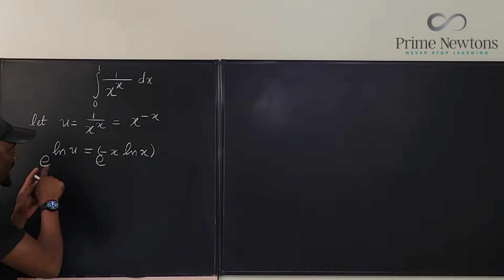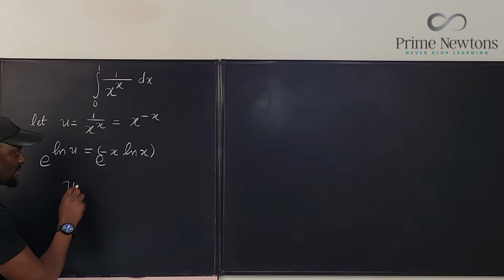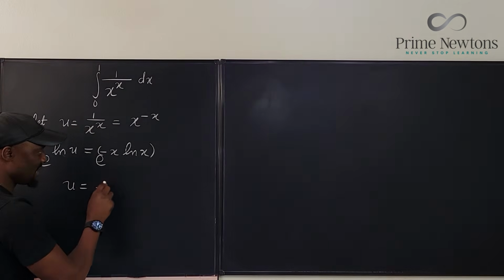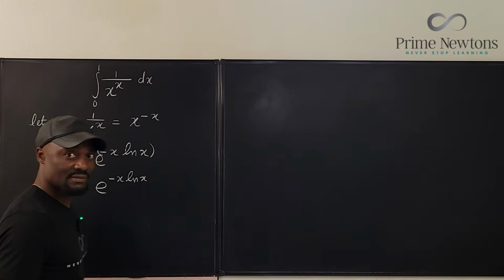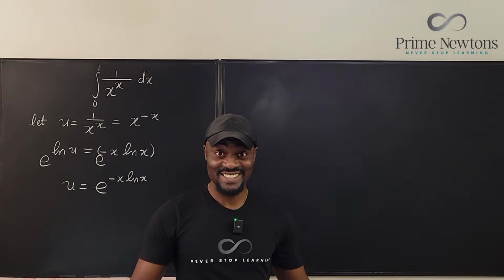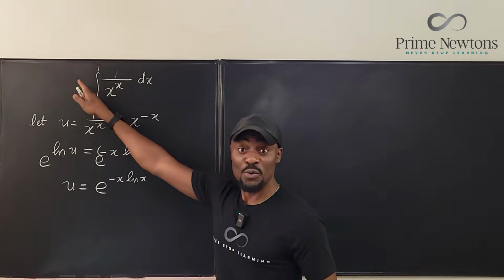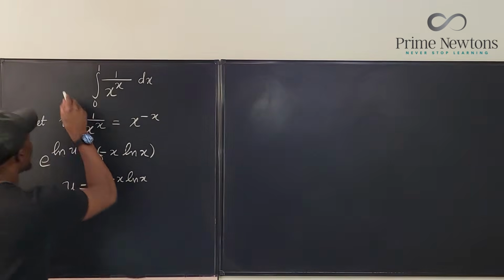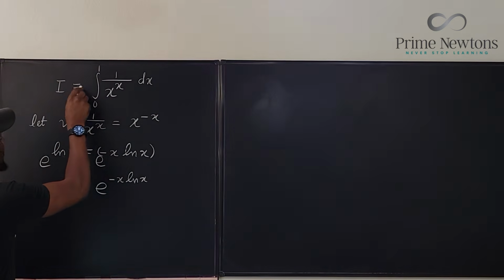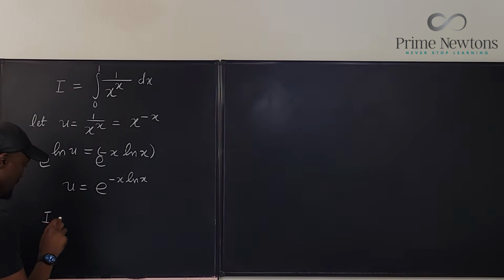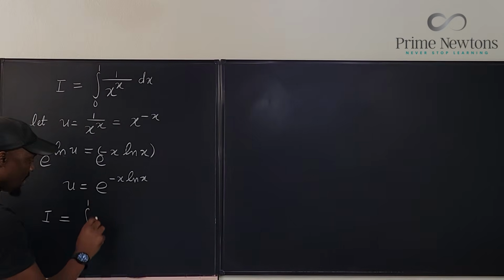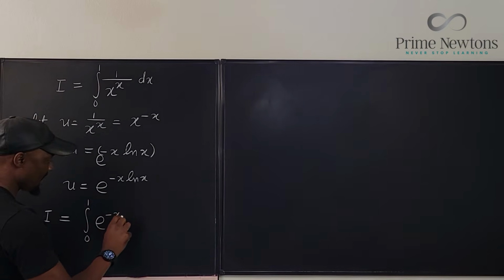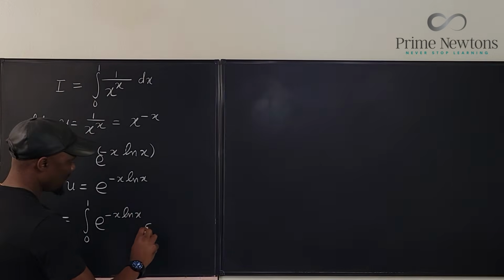And guess what? e to the ln of u is just u, and this can be written as e to the negative x ln of x. That's it. So the original integral can be written as the integral from 0 to 1 of e to the negative x ln x dx.